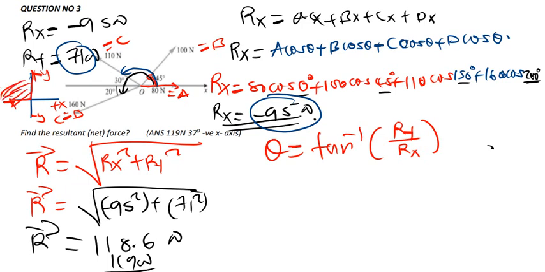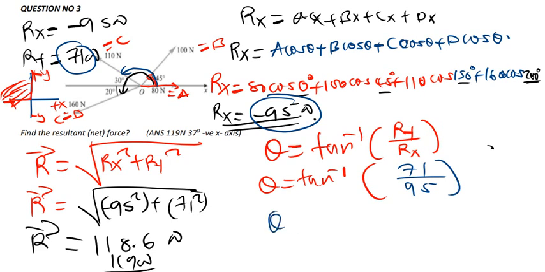What do you do in the second quadrant? In the second quadrant, when I plug in the values here, remember I said I ignore the negative. So if I ignore the negative here, I can clearly see that my Ry is going to be 71. My Rx is 95. Since it is in the second quadrant, the answer I'm going to find, I'll say 180 minus the theta I'm going to find here.